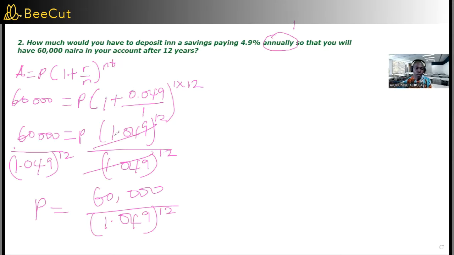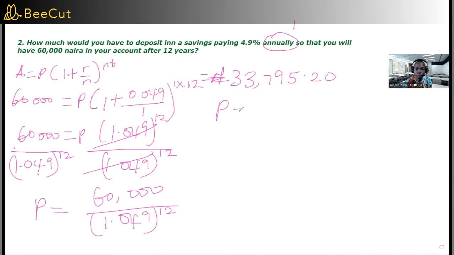And again, you have to press your calculator to get the power 12 of this, and you divide 60,000 by your result, and that's going to be 33,795.20. So that will be the principal.